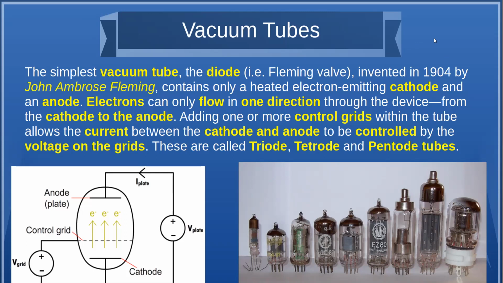Then later, I think it was Lee DeForest that added a control grid, and they discovered that by applying a voltage on the control grid, they could actually control the current flow. So that really became the first amplifier device, and also a switch, though mostly used as amplifiers.